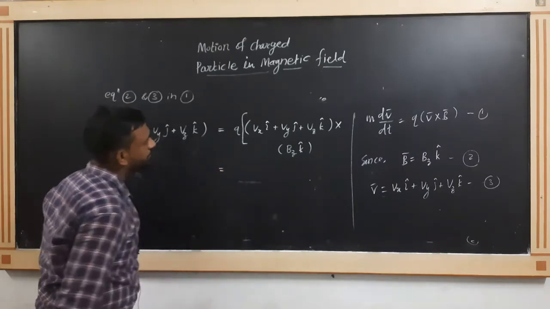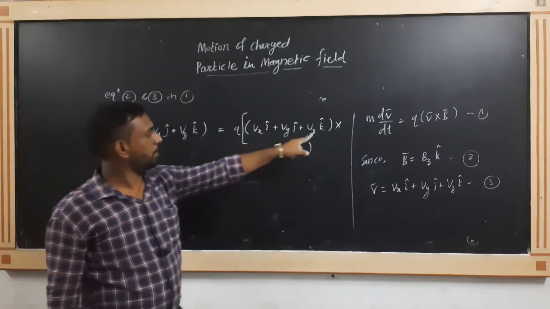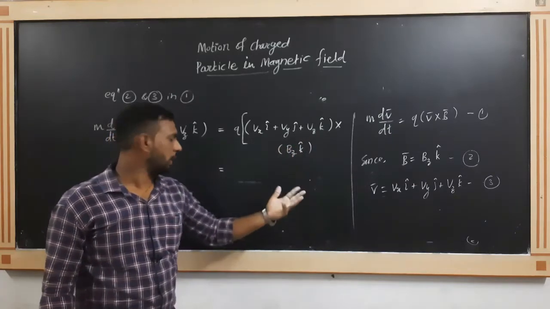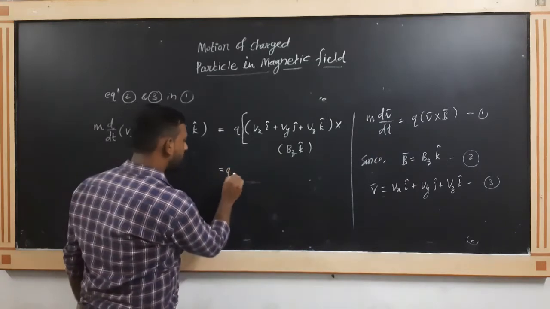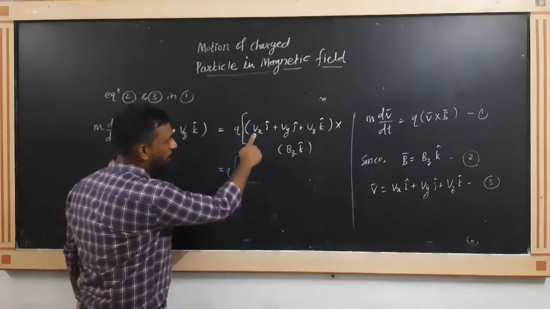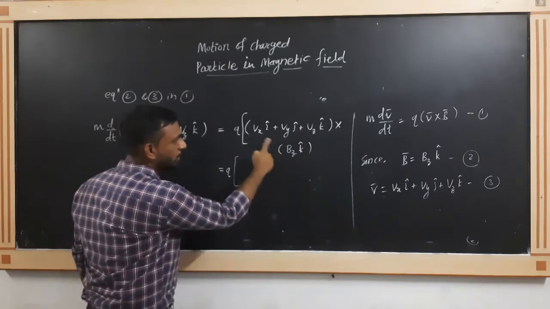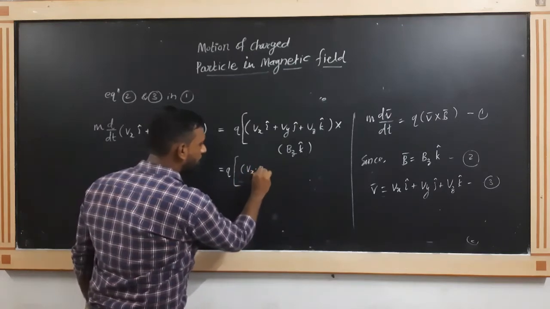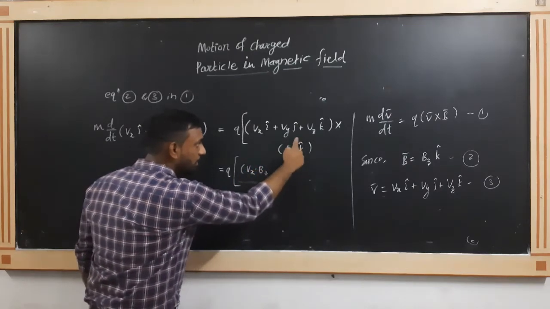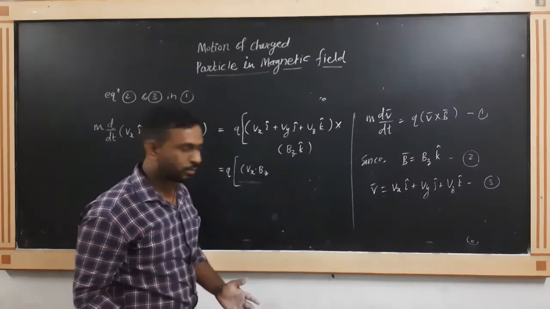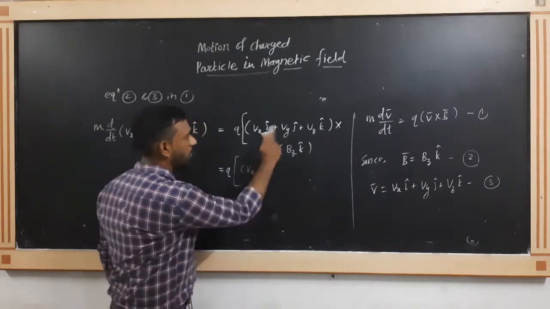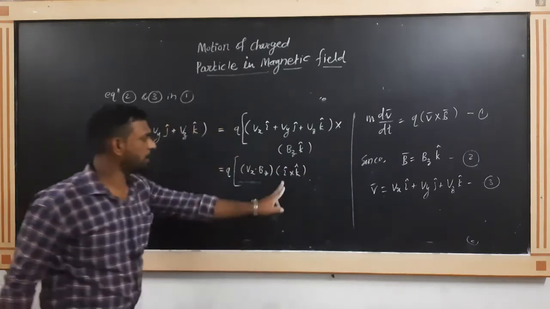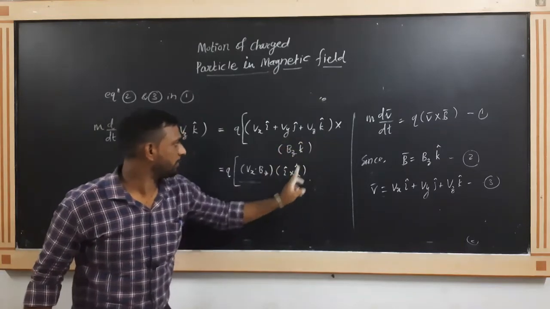So take the cross product of each and every term with this B term. q as it is, Vx into Bz are scalars, which are the multipliers of the vectors, while i and k denote the directions of the vectors. So I multiply the scalars and separately write i cap cross k cap.